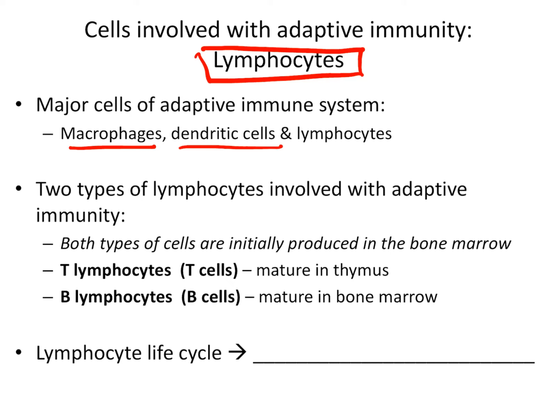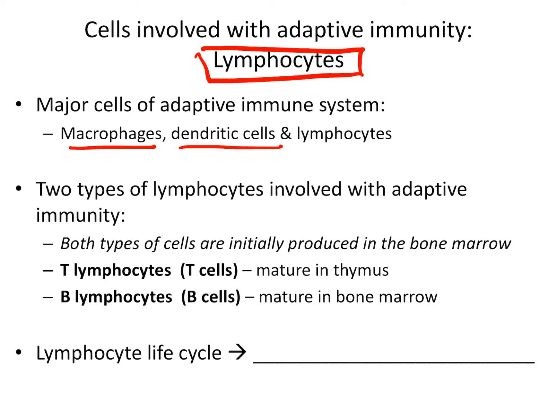Big picture here, the role of a lymphocyte is ultimately going to be to bind to and recognize the antigen for which it has the specific receptor or antibody. The specific receptor it expresses, or the antibody, is ultimately going to be determined by the DNA sequence that it's expressing to make these particular proteins.